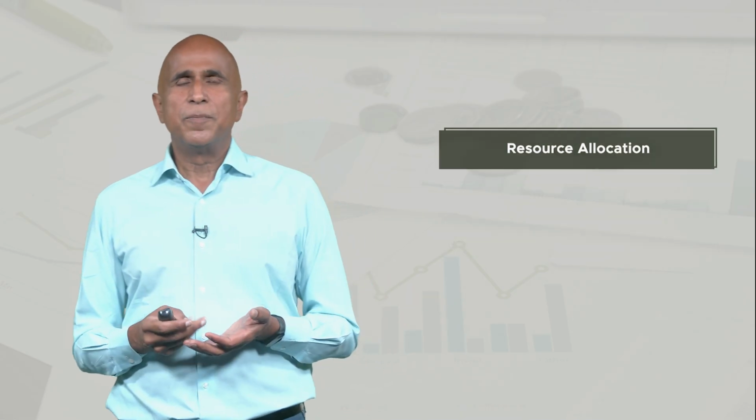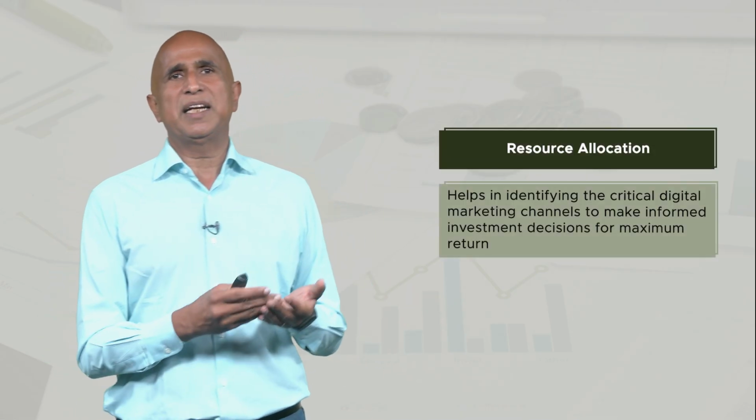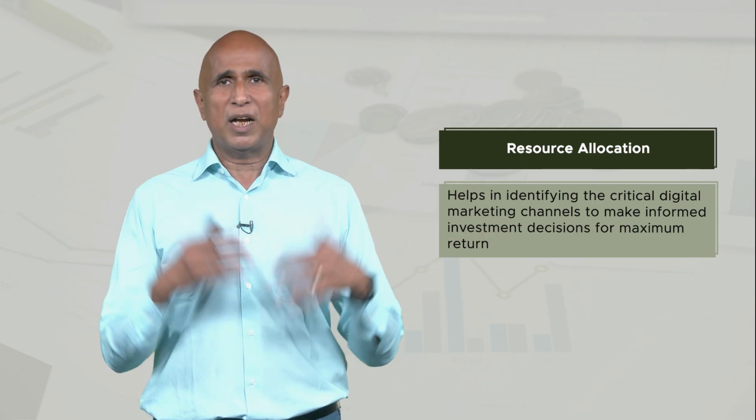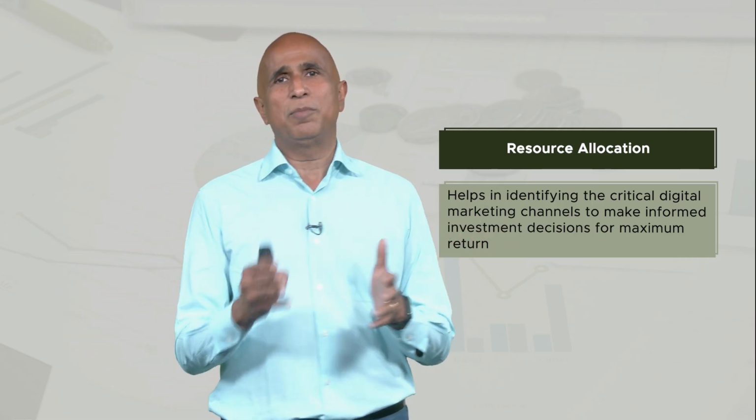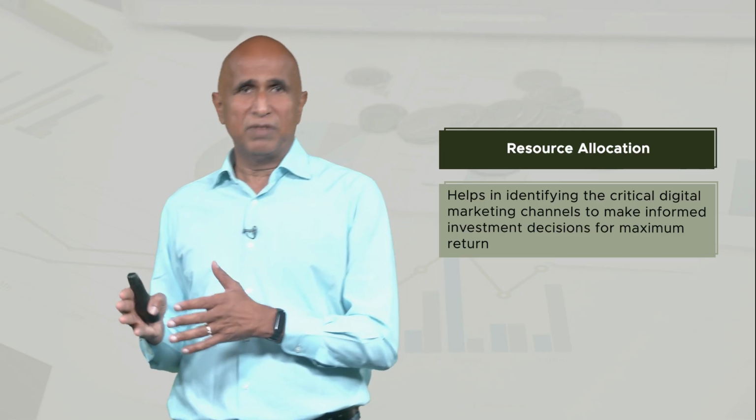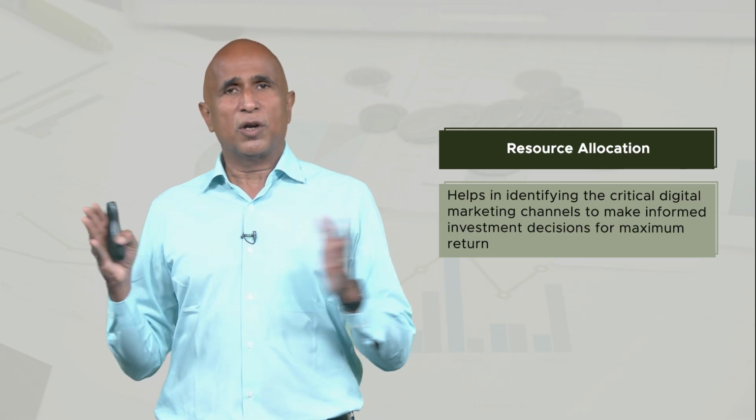Resource allocation. By understanding which digital marketing channels are driving most valuable traffic and conversions, businesses can make data-informed decisions about where to invest their resources for the greatest return. This is not always obvious. For example, if you are spending money in Google ads and Facebook ads and Twitter ads, all the three you are spending money in.